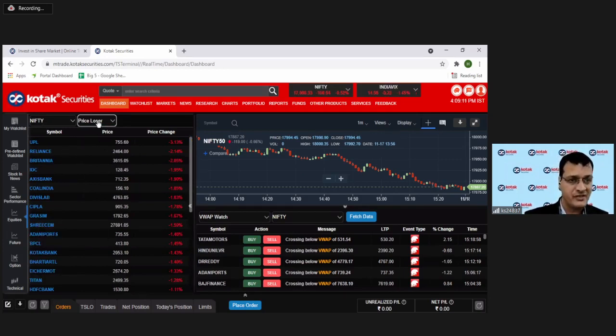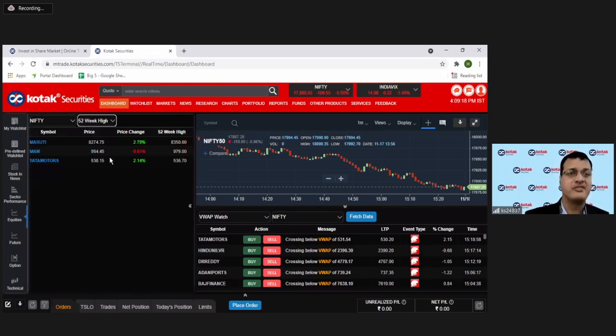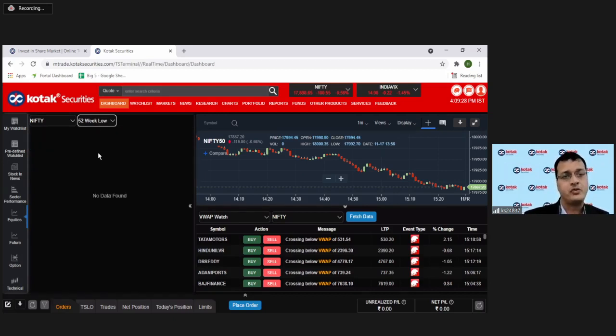So in Nifty 50, you will see all the stocks which were either gainers, losers, active, or 52-week stocks which were hitting 52-week high. So Maruti, M&M, and Tata Motors were the stocks hitting 52-week high. All right. Similarly, if you want to see stocks which were hitting 52-week low, in fact, there were no stocks in Nifty 50 which were hitting 52-week low.